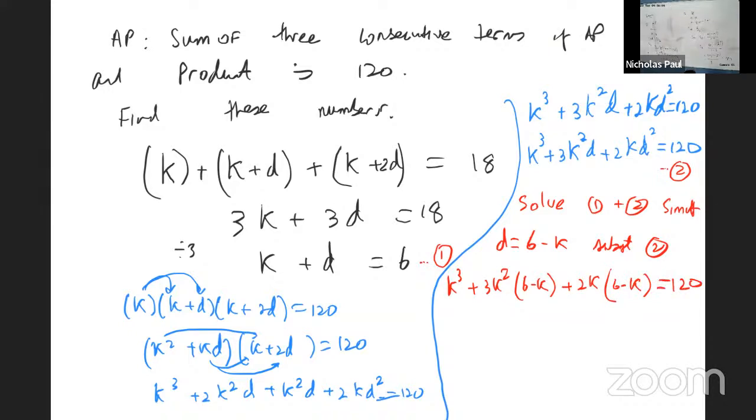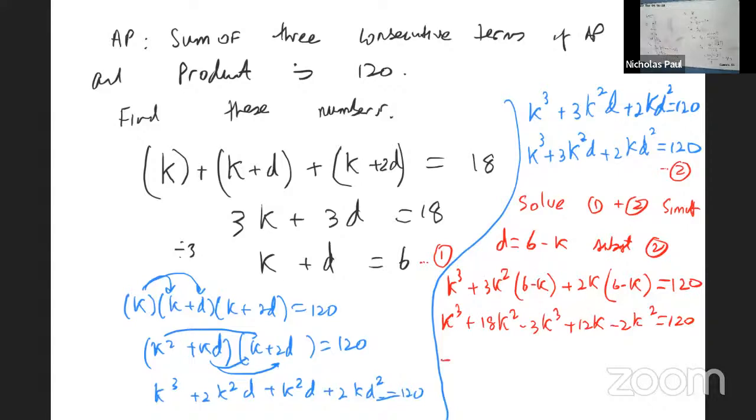And substitute in equation 2. So I want you to solve that out for us. Do we have time now? We could do it fast. I'll help you out. K cubed plus 18K squared minus 3K cubed plus 12K minus 2K squared is 120.